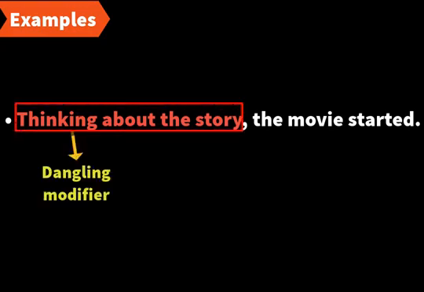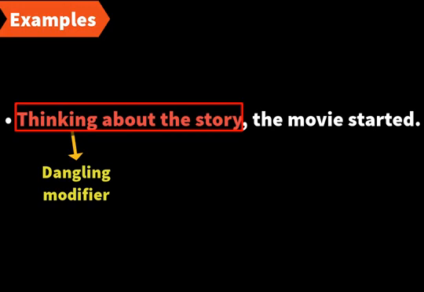If you look at the second example, thinking about the story, the movie started. Now, in this example, we have a dangling modifier, which is thinking about the story. Now guys, what does a modifier do in the first place? It modifies something, it gives information about something that is generally a noun or a pronoun or a verb, right?